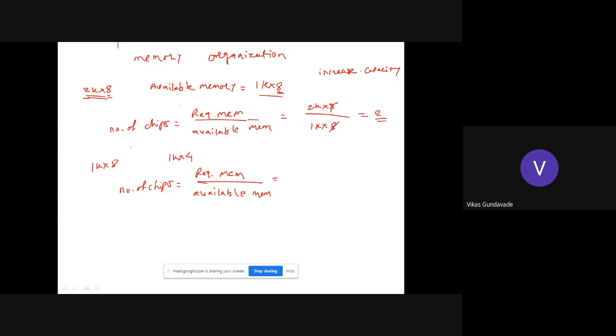Here the capacity remains constant, but the word size increases. So it will be 1K by 8 with the available 1K by 4, and the number of chips required is 2. So either we increase the word size or we increase the capacity, and the number of chips required for interfacing will go on increasing. Here we are increasing the word size of each page.